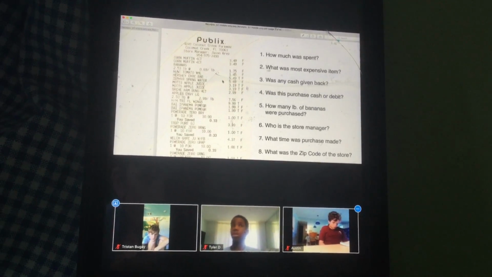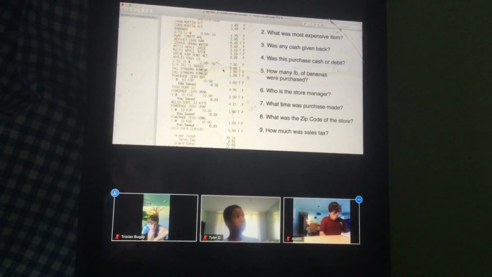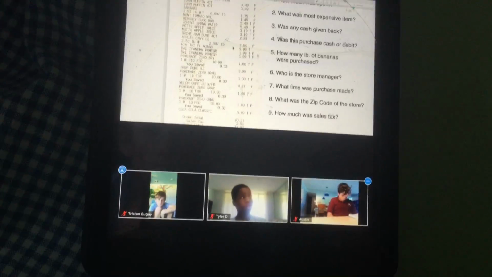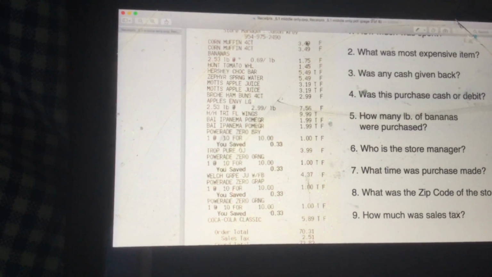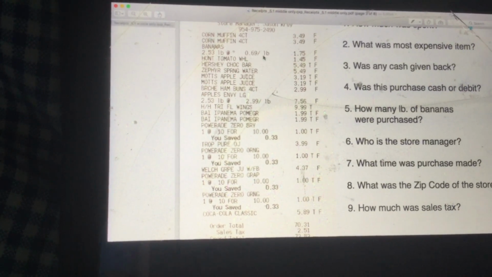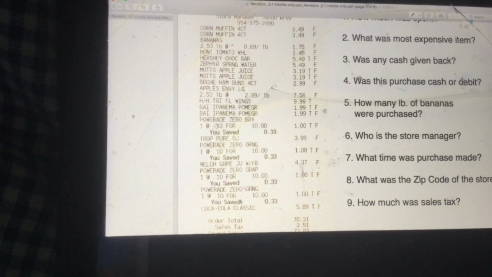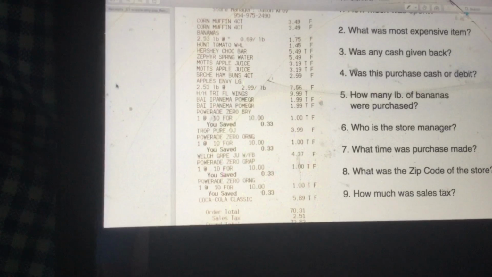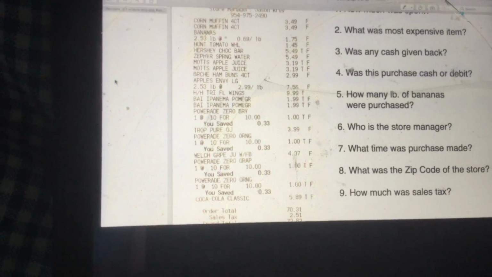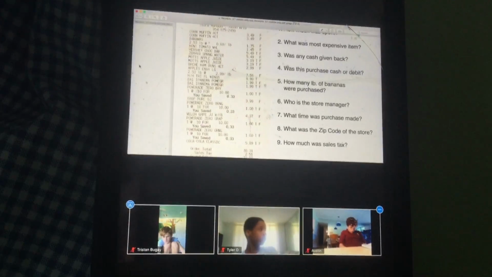So that's that question. Now I want you to look at the receipt carefully and tell me what was the most expensive item? You want to look down the list with the dollar amounts. The left is the list of things that you purchased, and the right is the cost of each item. Jake? $7.56.